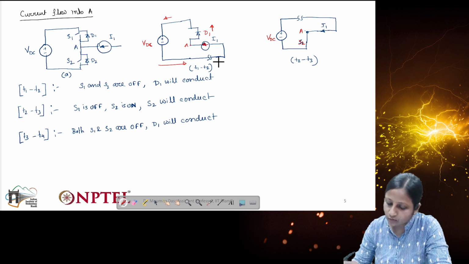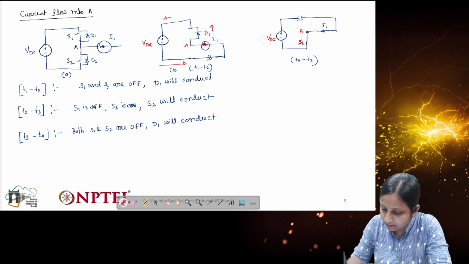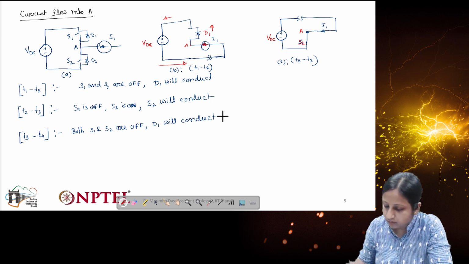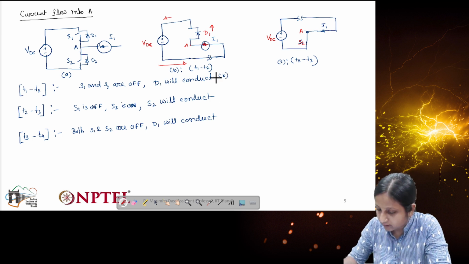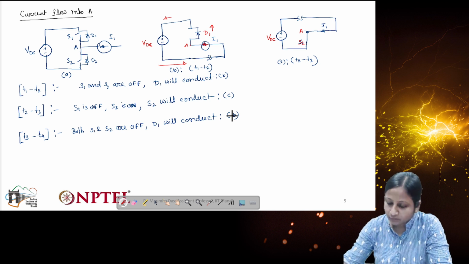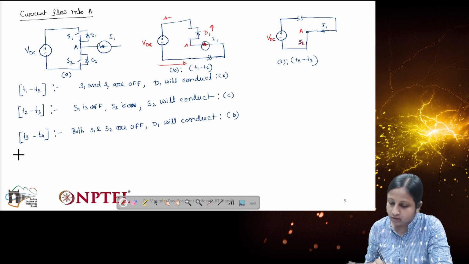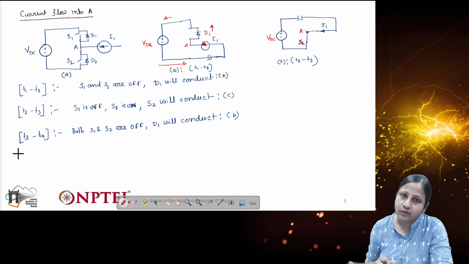This is similar to, let's say, figure B, and this is represented as figure C. Now this is with respect to B, this is with respect to C, and again this is with respect to B.